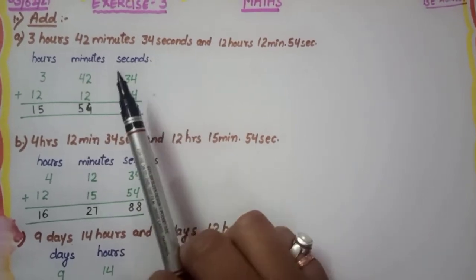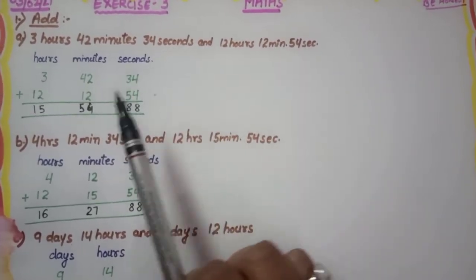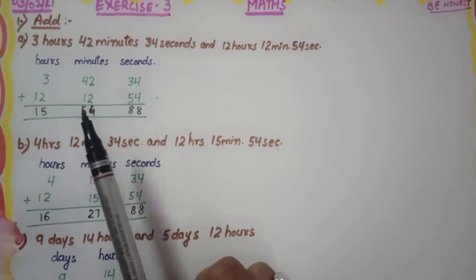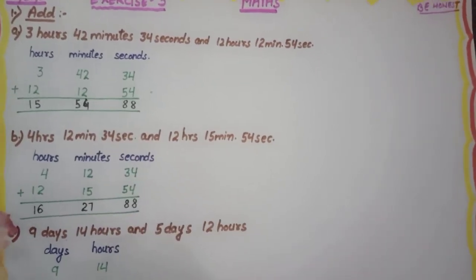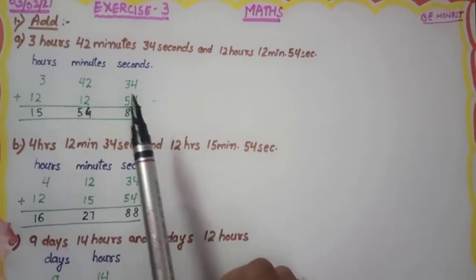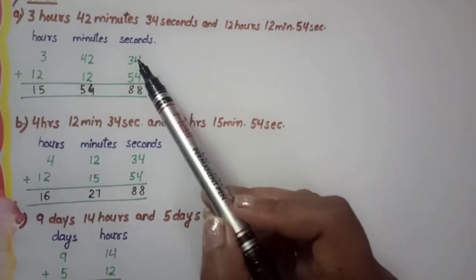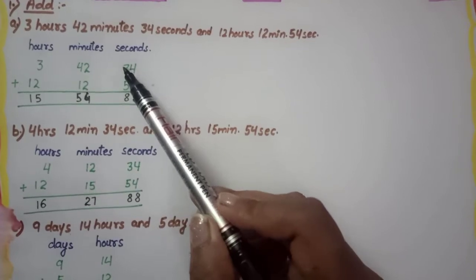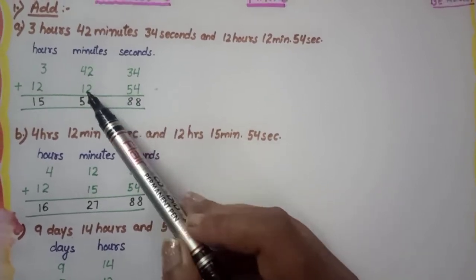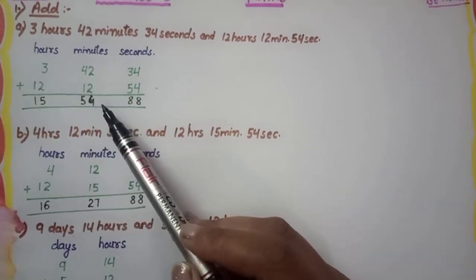Then seconds we have 34 seconds over here and 54 seconds out here. Now see, you have to be very careful while solving these sums. First of all, just simply add these numbers as we used to add the numbers.